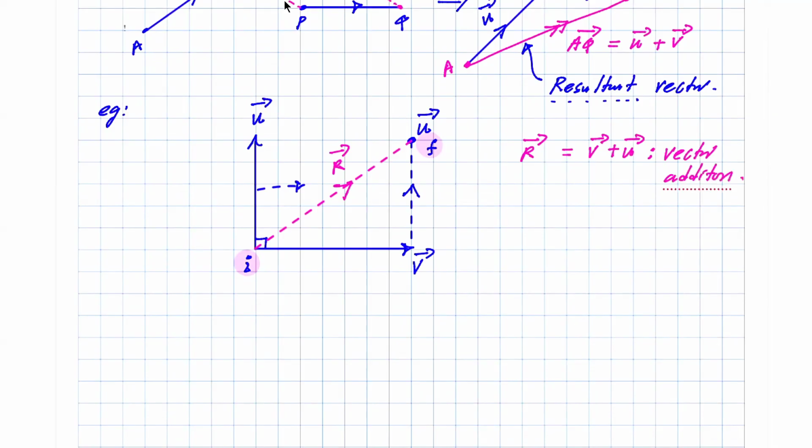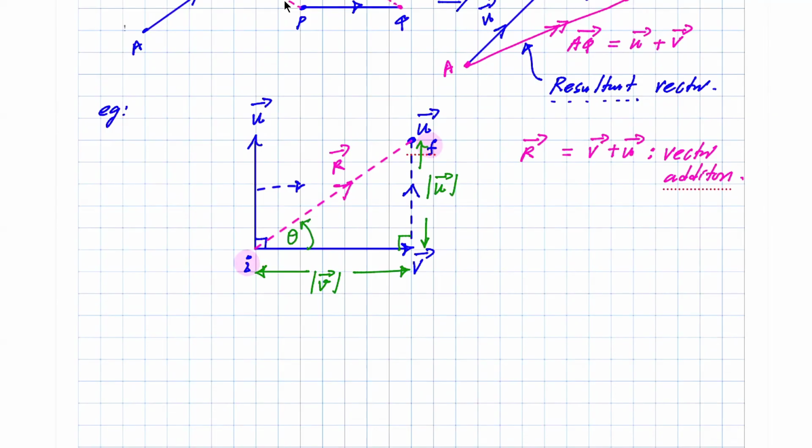Okay. Now we know that this is going to be 90 degrees, and the size of this is going to be V vector magnitude, and the size of this is going to be U vector magnitude. And then this angle is going to be theta.